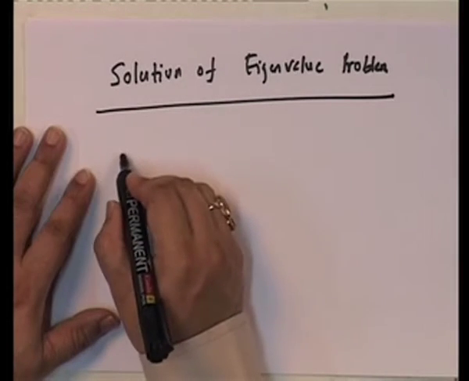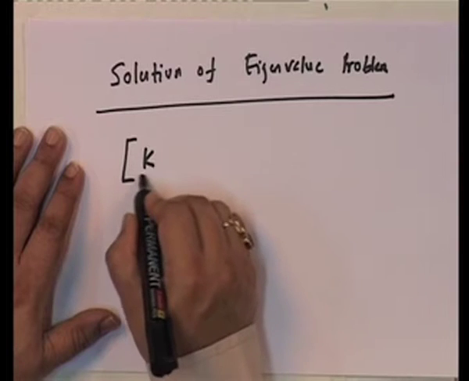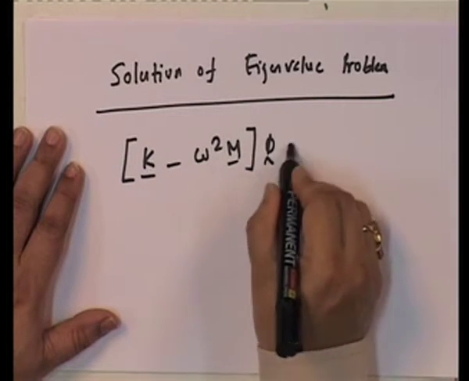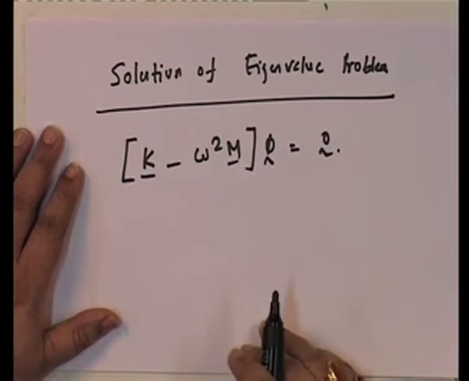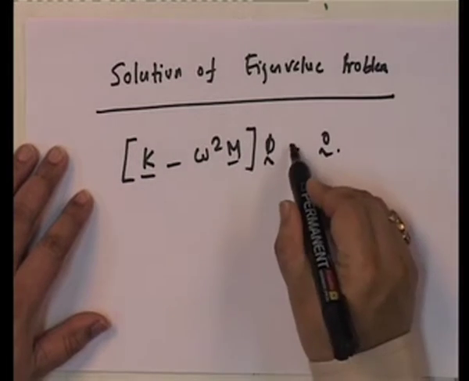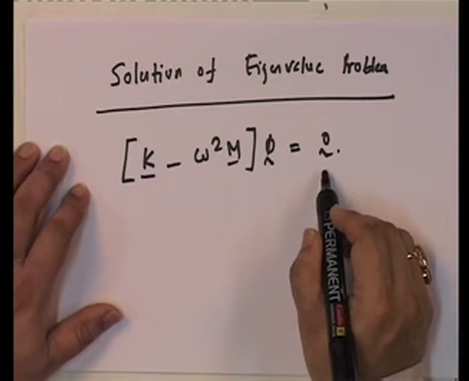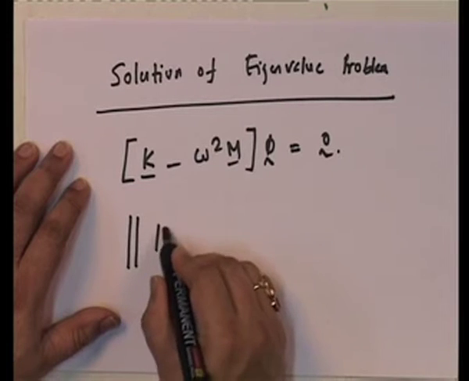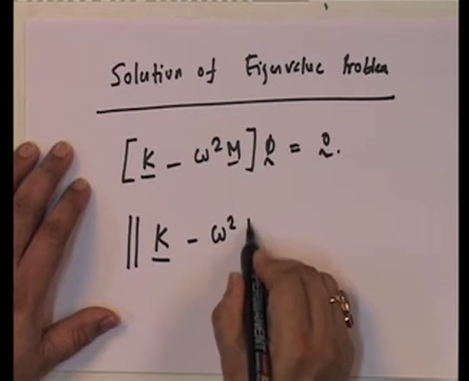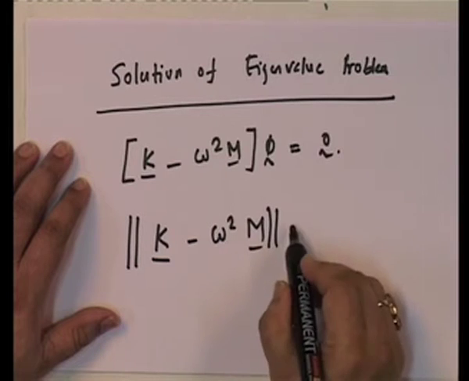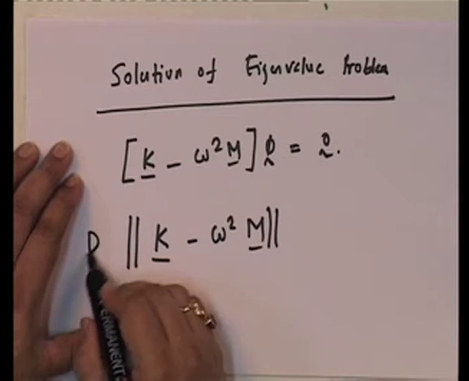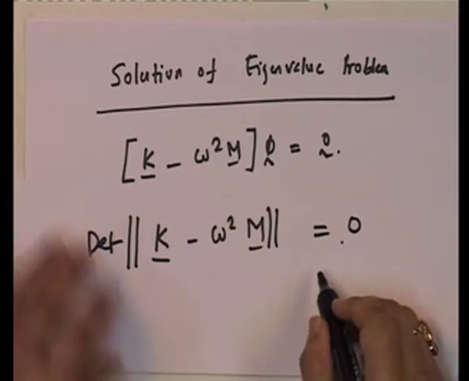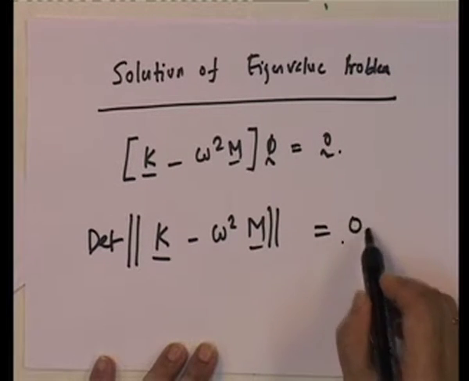We have the eigenvalue problem as this. Now, for this to be valid, since phi is non-zero, it implies that the determinant of k minus omega squared m is equal to 0. Determinant is a scalar, so that is equal to 0.